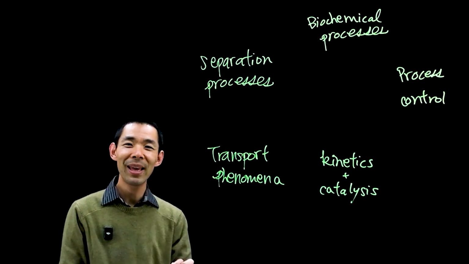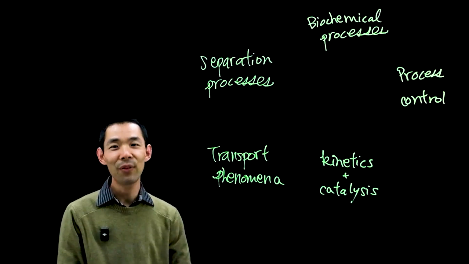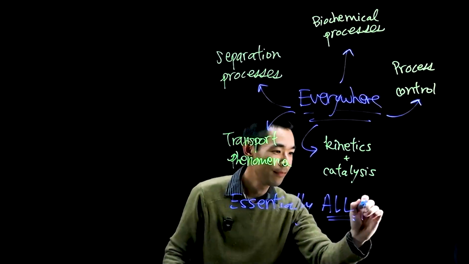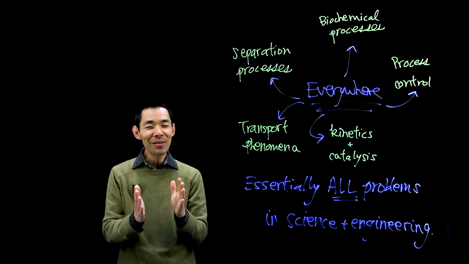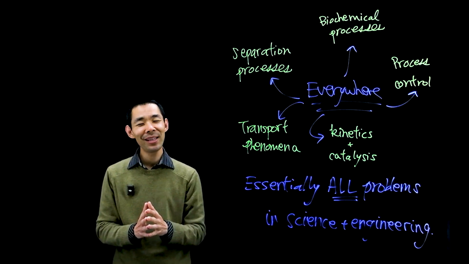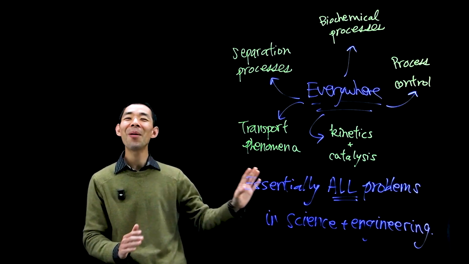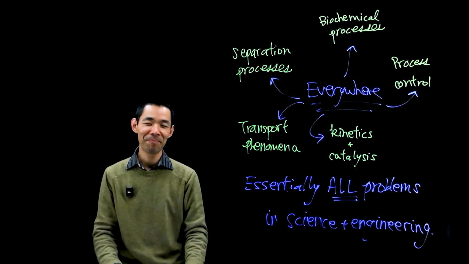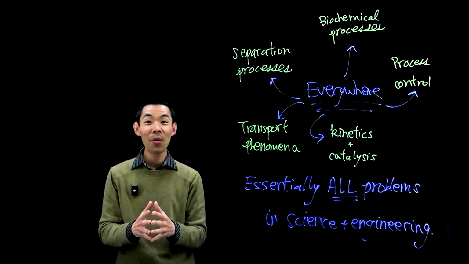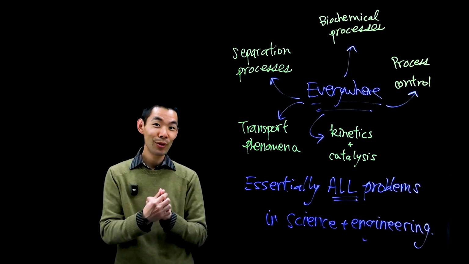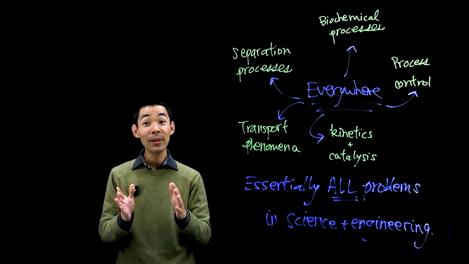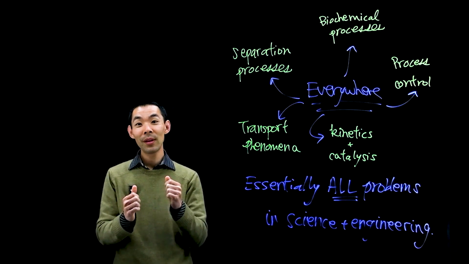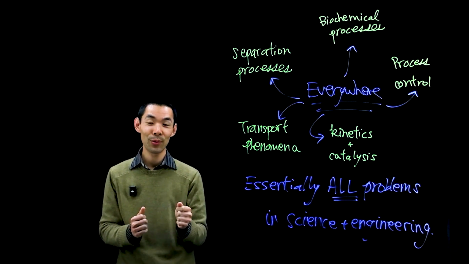But the point I wanted to make is that they are everywhere. As scientists and engineers, you will run into ODEs and PDEs across essentially all problems in your discipline. And so it's very important to know when you should use a particular tool and how to use a particular tool. And the purpose of this class is to teach you how to learn those tools.